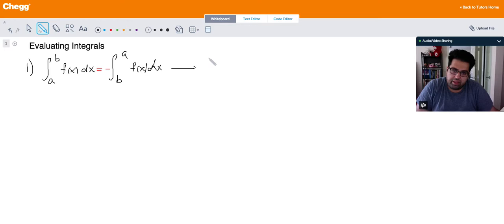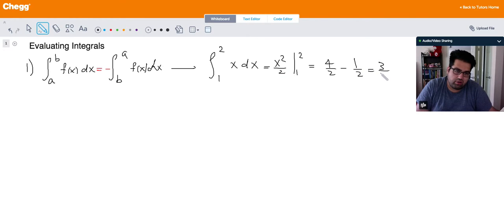For example, let's say I calculate the integral from 1 to 2 of x dx. That's x squared over 2 from 1 to 2: 2 squared, which is 4 over 2, minus 1 squared over 2, which is 1/2. So it gives me 3 over 2. Now let's calculate with the lower limit 2 and the upper limit 1 of x dx.